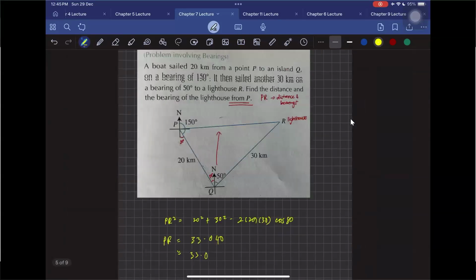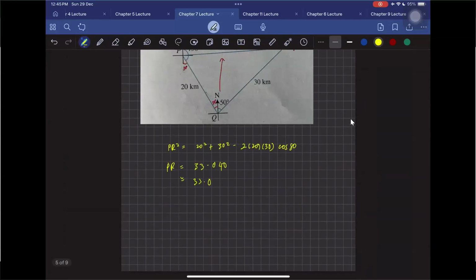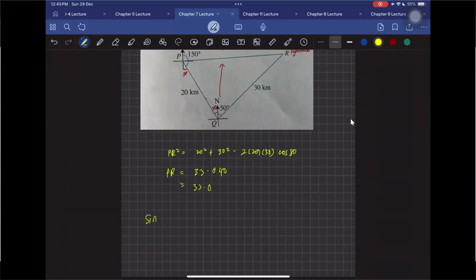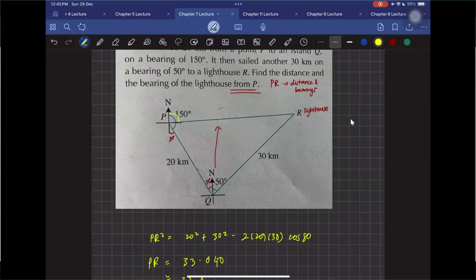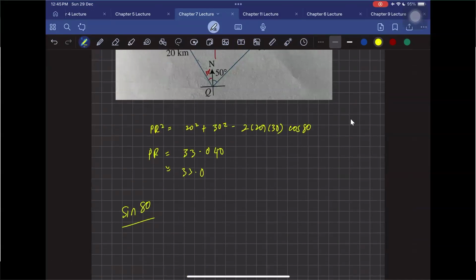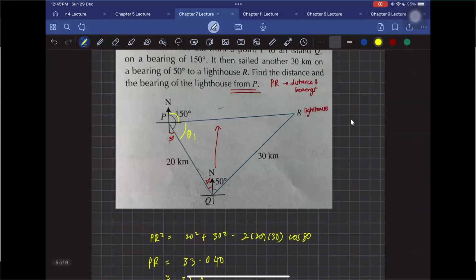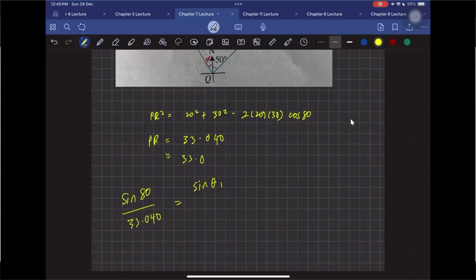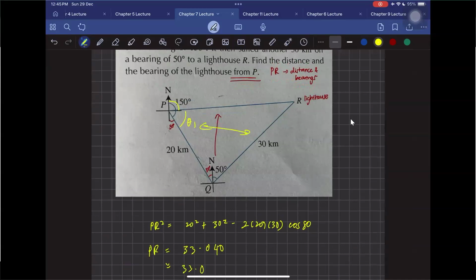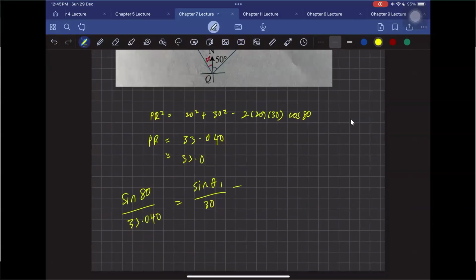Do you have any idea how to find the bearings? This time you need to use your sine rule, because if you want to find this bearing, you need to know this angle. So sine 80 over 33.040 equals sine theta 1 over 30, your opposite side.